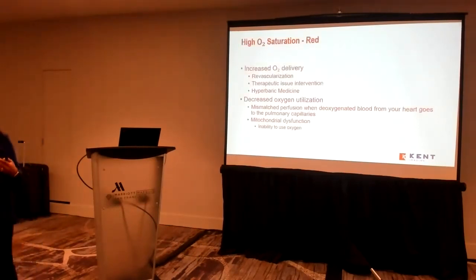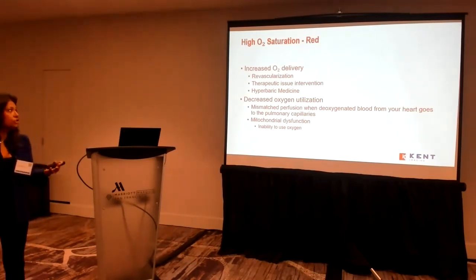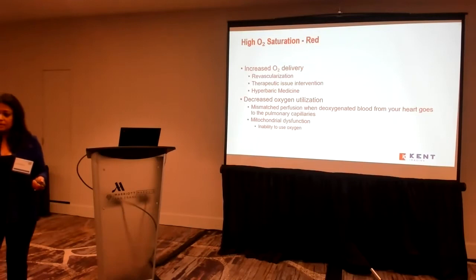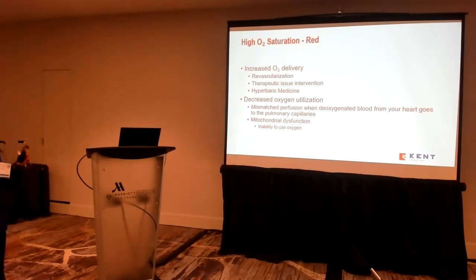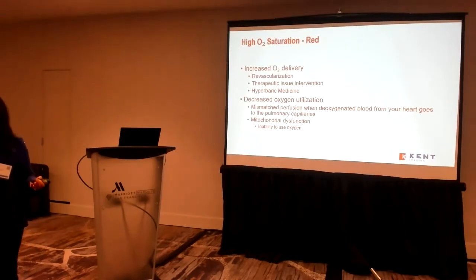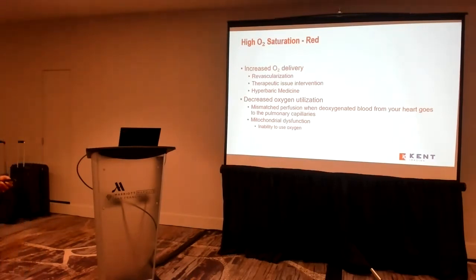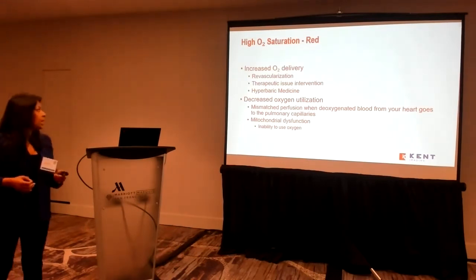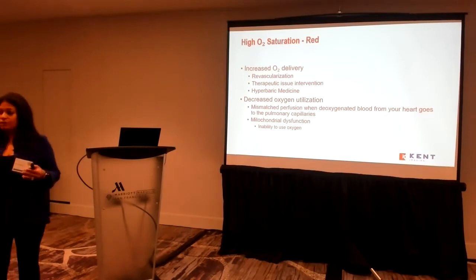High oxygenation will fluoresce red. And so what does that mean? Increased oxygen delivery. So we utilize this in many different ways. Obviously one would be revascularization, pre and post intervention. Could we see an immediate improvement in that tissue oxygenation? Yes, we can. Also any kind of therapeutic tissue intervention.